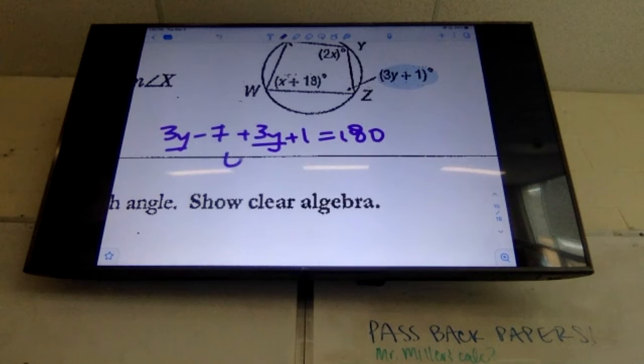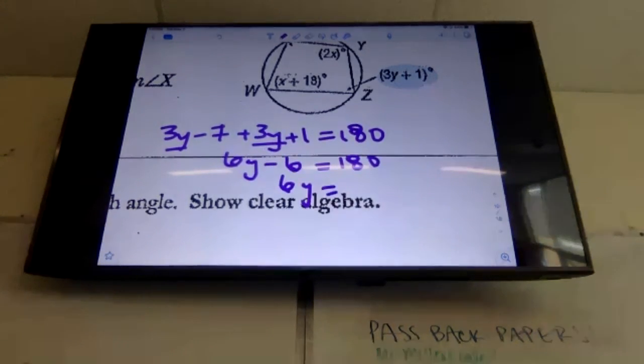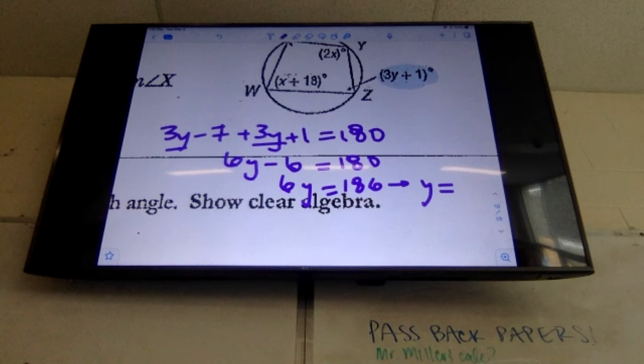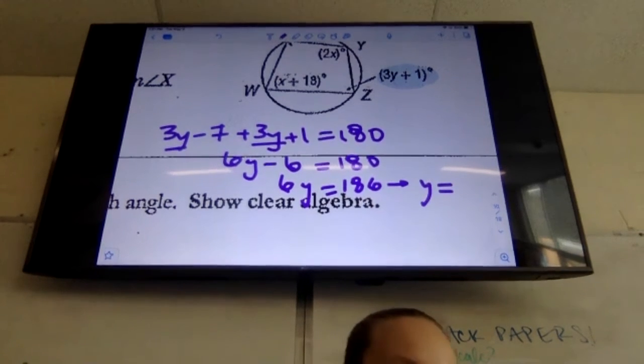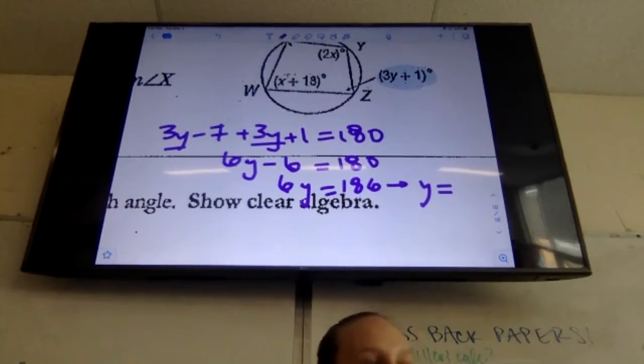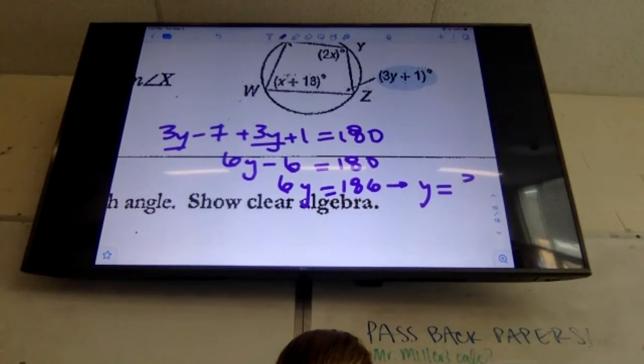So that becomes 6y minus 6. 22 equals what? 22 times 6. Not even close. 186 divided by 6. Thank you, Rose.